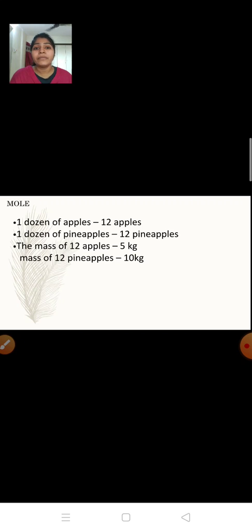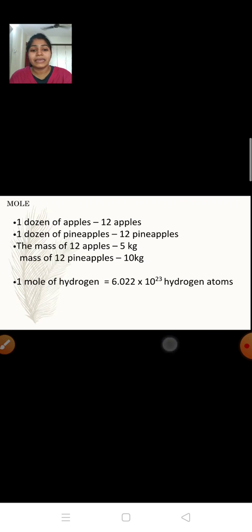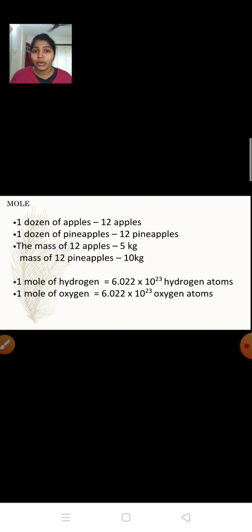Now, when I say 1 mole of hydrogen atom, so how many atoms it will contain? Definitely you know it will contain 6.022 into 10 raised to 23 hydrogen atoms, right? Now if I say I have 1 mole of oxygen, so it will contain how many atoms? It will contain 6.022 into 10 raised to 23 oxygen atoms.